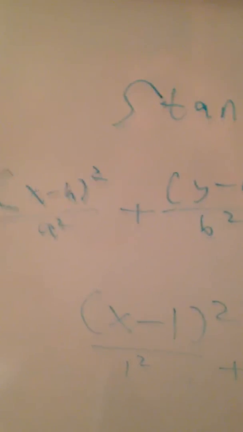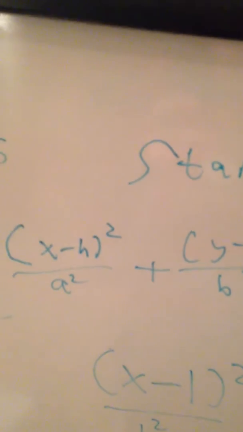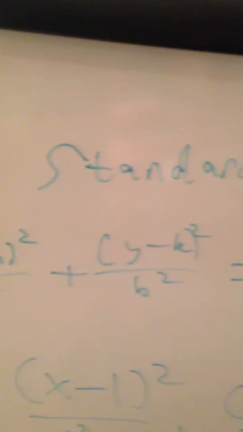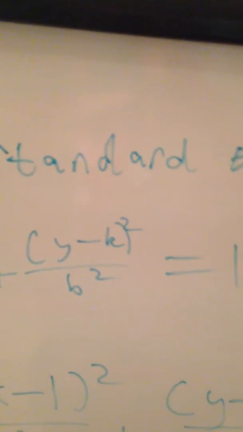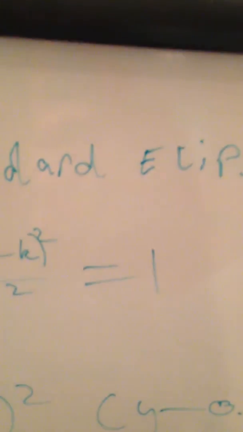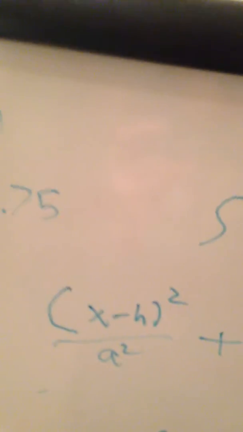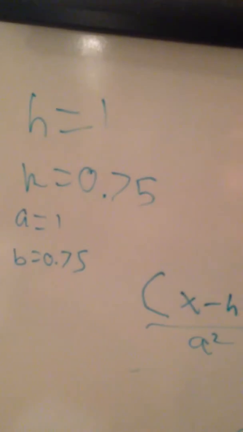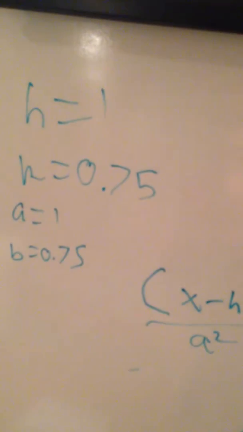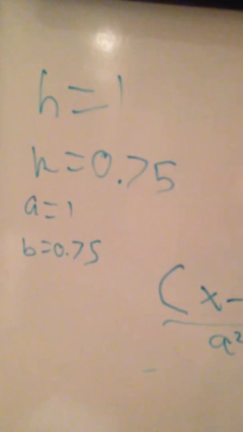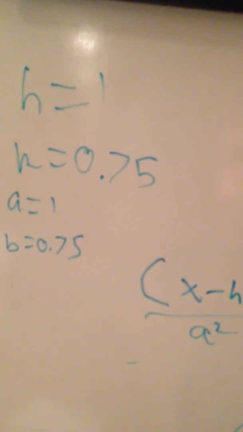Okay, now to doing the ellipse formula. So we brought this up before, but the standard ellipse formula is (x minus h) squared over a squared plus (y minus k) squared over b squared is equal to 1. So the h value is 1, the k value is 0.75, and the a value is 1, and the b value is 0.75.